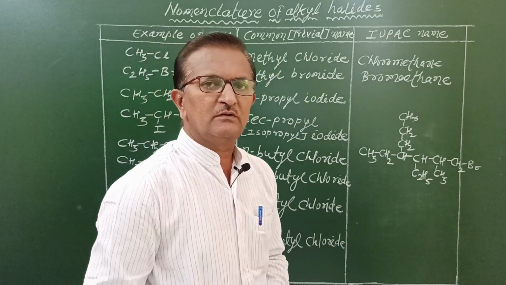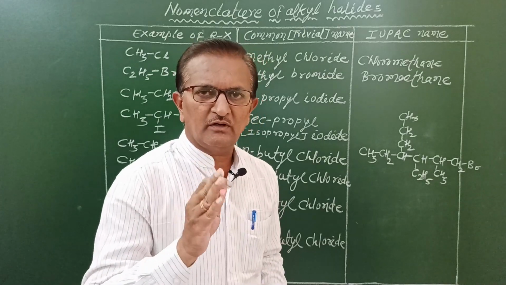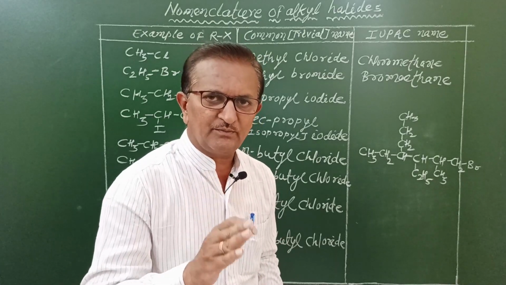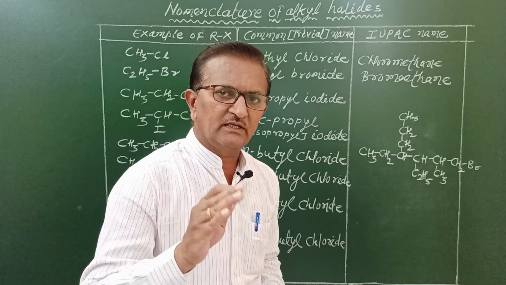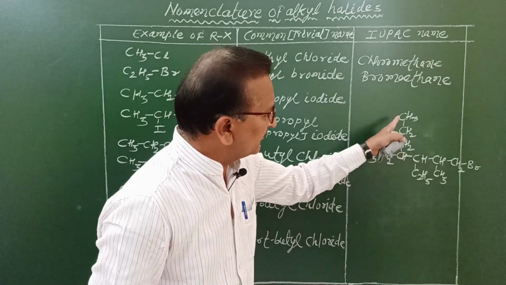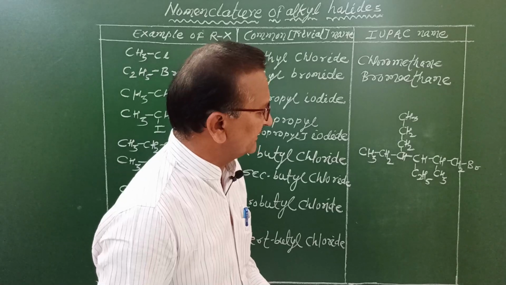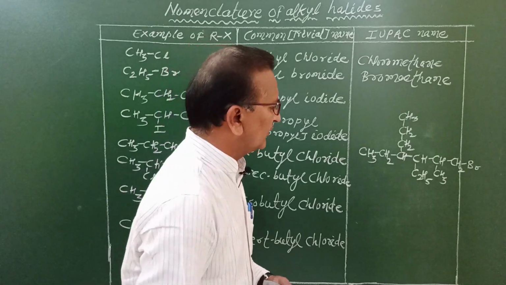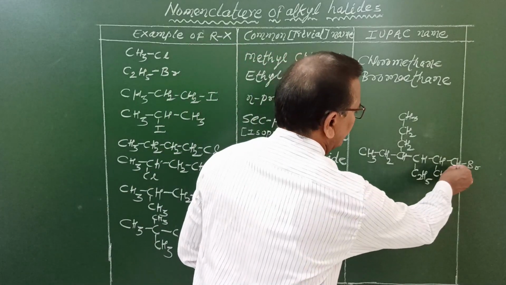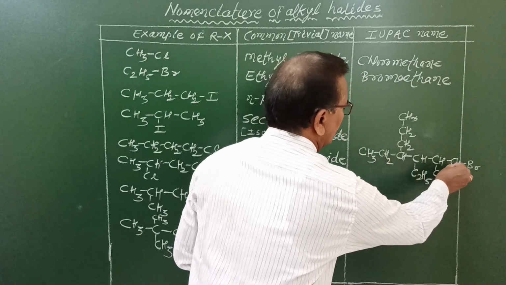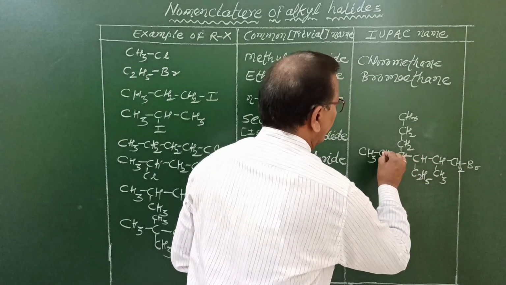What is the first rule? Select the longest continuous chain of carbon atoms containing the halogen atom in a molecule. Now let us see. This is one of the chains: 1, 2, 3, 4, 5, 6.